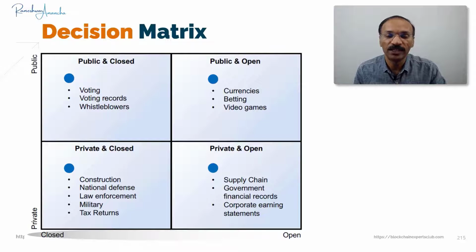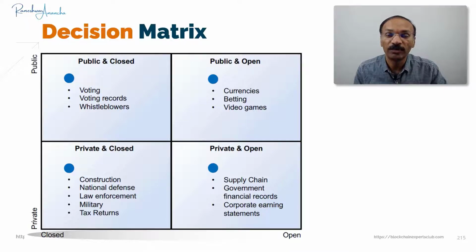I wanted to see on what date this particular product was developed, which factory made it, or in which farm the produce was grown. For example, if you want to buy a mango and you want to know where the mango is coming from, that is read access, right? So that is supply chain, coming into private open.